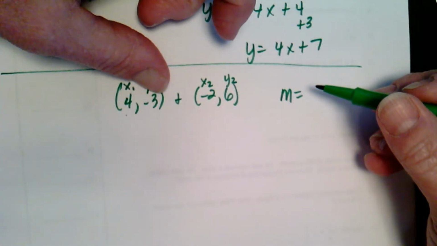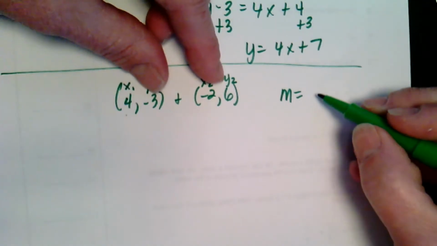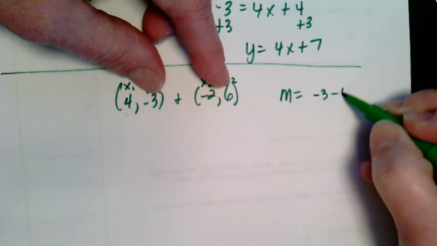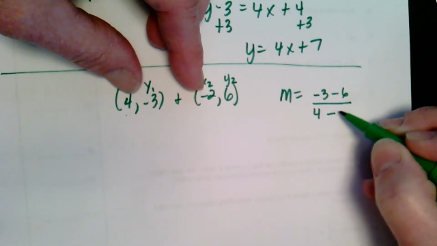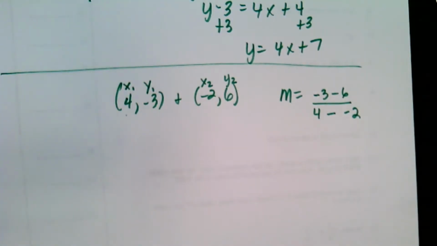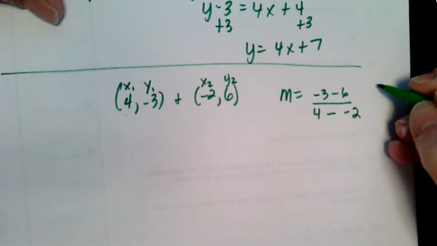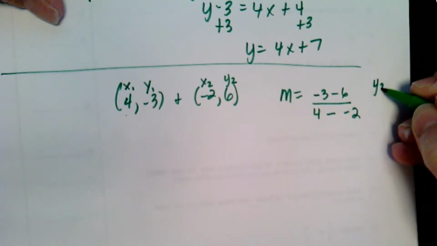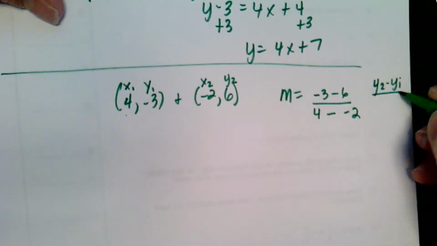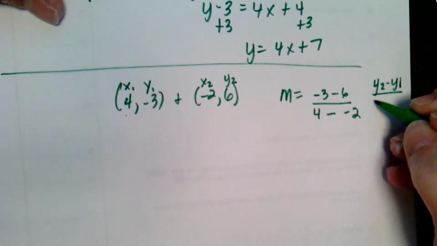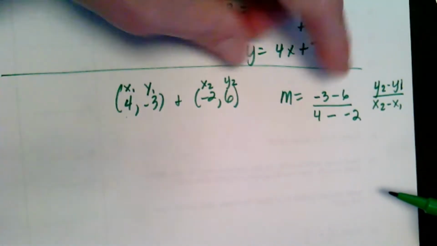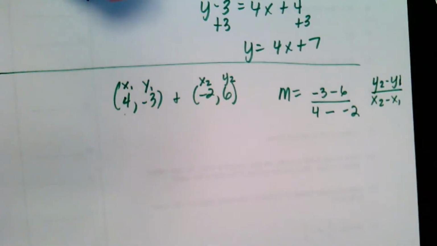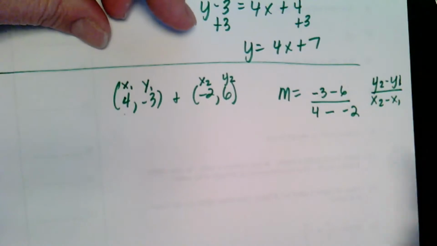If you put this first on the top, then you need to put this first on the bottom. So -3 minus 6 over 4 minus negative 2. Now I kind of flip-flopped them, but you will still get the same answer as long as you're consistent.